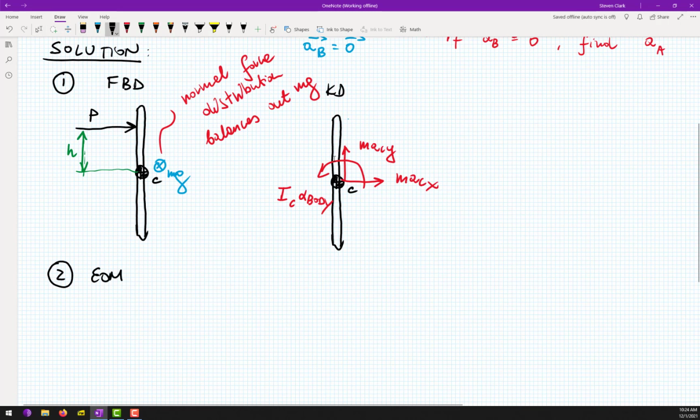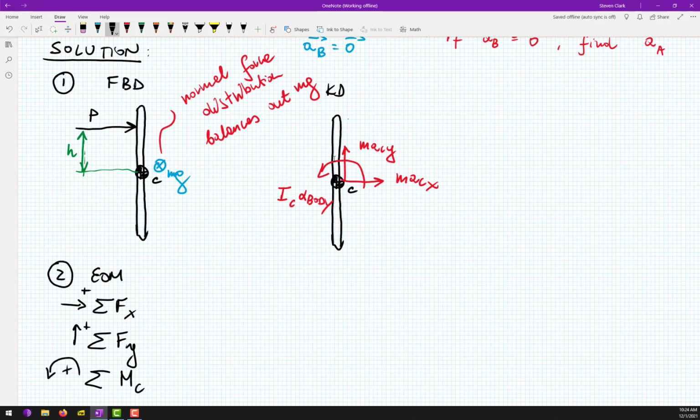Okay, so we're going to follow our routine. Sum of forces in the x direction. Sum of forces in the y direction. And sum of moments about point C. No other point so far. Right now, only point C, okay?